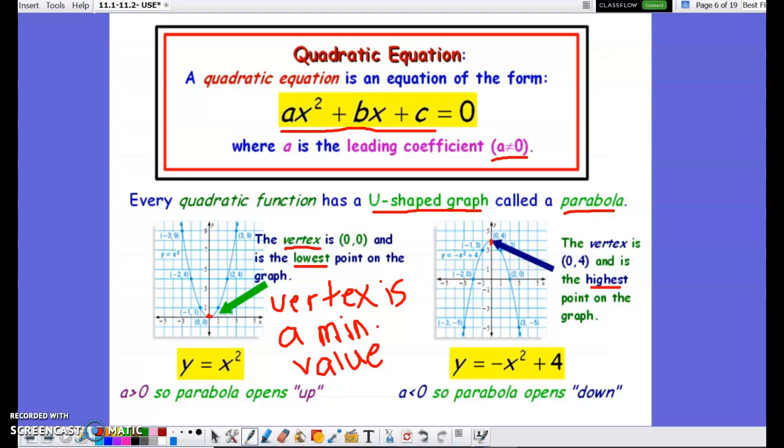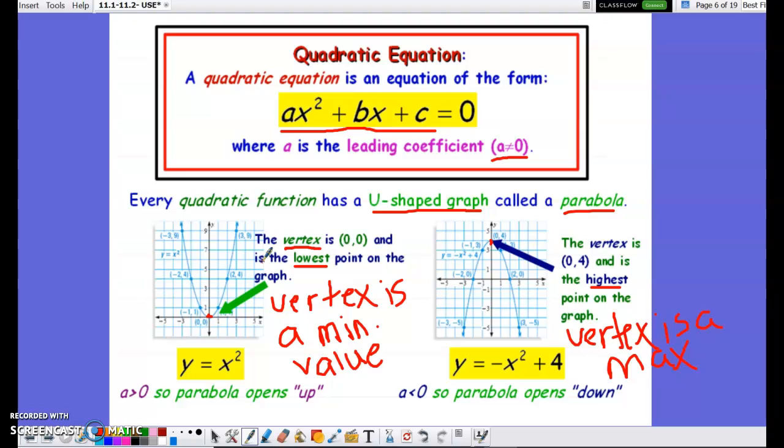Over here, since the vertex is the highest point on the graph, there are no points on that graph higher than the vertex since it's flipped upside down. Here we'd say the vertex is a max. Sometimes I'll ask you, is the vertex a min or a max? Here it's the highest point, so it's a max. Here it's the lowest point, so it is a min.